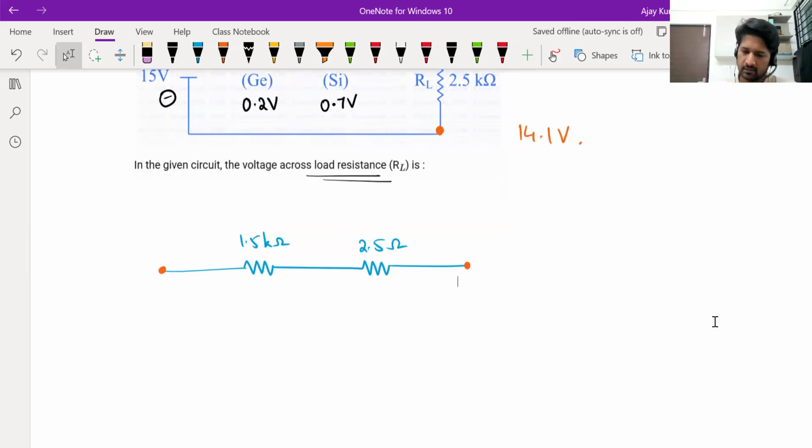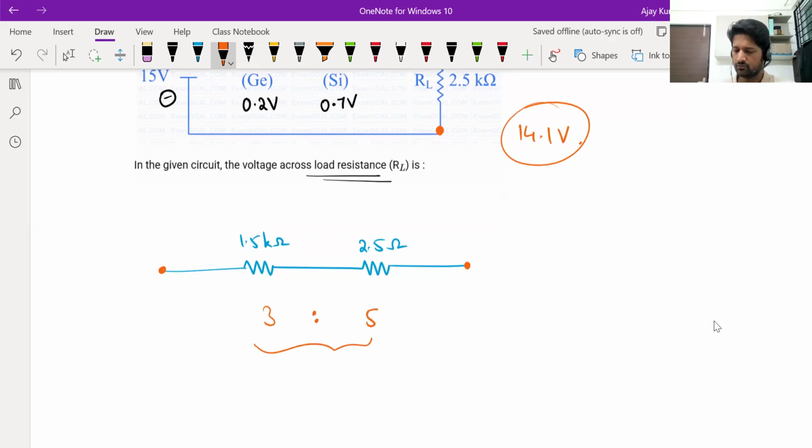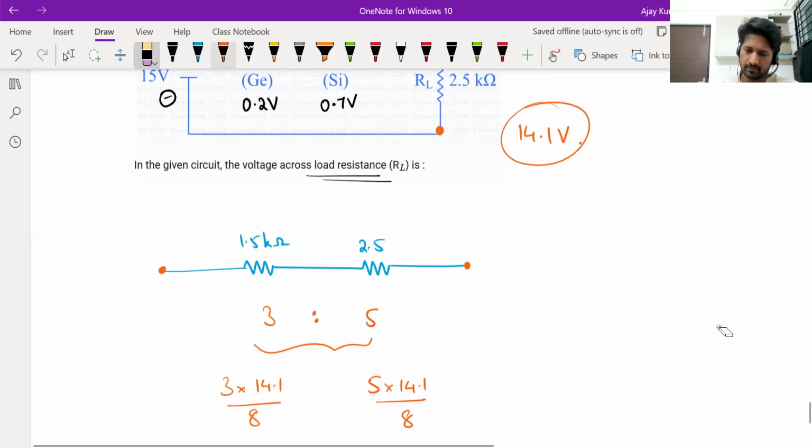Okay. So the total voltage is 14.1 volts. You have to split it in the ratio 1.5 is to 2.5, which means you have to split it in the ratio 3 is to 5. 3 is to 5 means totally 8 parts. So 3 into 14.1 by 8 will appear across the 1.5 kilo ohm. 5 into 14.1 by 8 will appear across the 2.5 kilo ohm resistance.